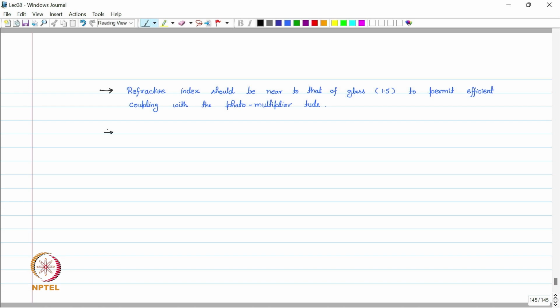The next is the high density and high atomic number. And it should have good temperature stability and mechanical properties as well.